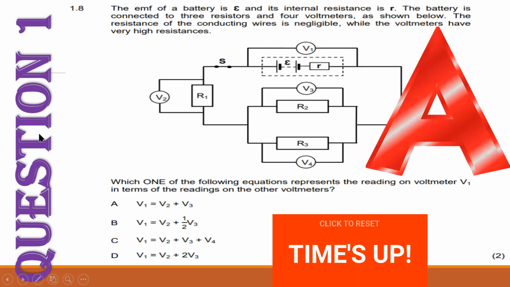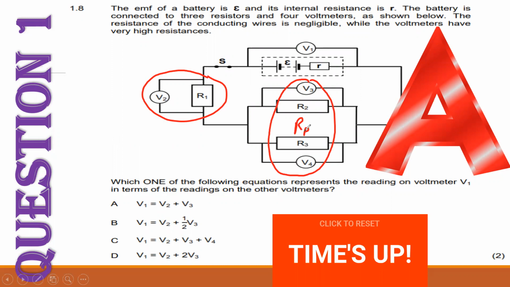Our answer is A. Why? Because V1 is shared by V2 and V3. V3 and V4 are equal because of the parallel combination. And R1 is here, so V1 is shared by R1 and R parallel, meaning R2 and R3 together.